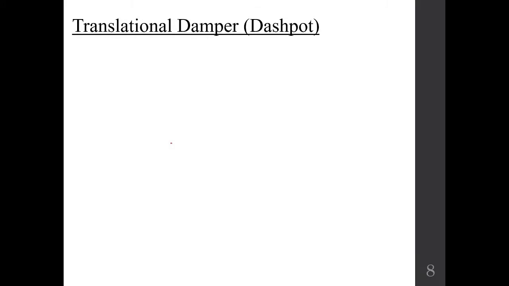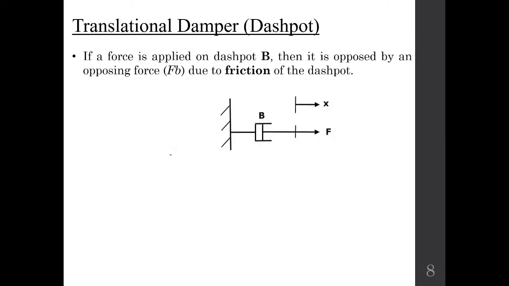So for the dashpot, we normally represent it by a frictional coefficient B. Say for example you have this dashpot device which is attached to a wall and the applied force is in this direction. Here x represents the displacement of the dashpot.